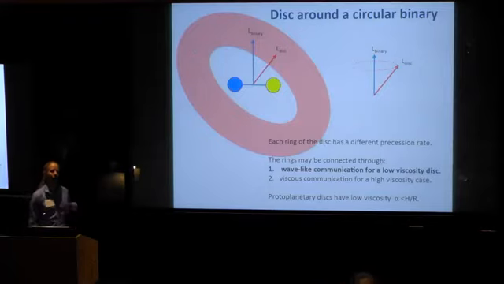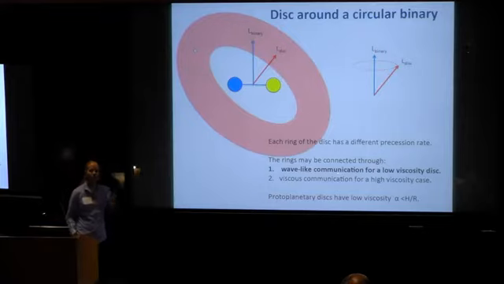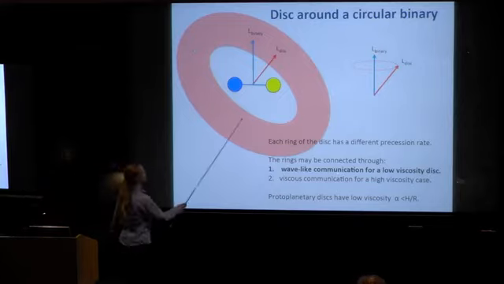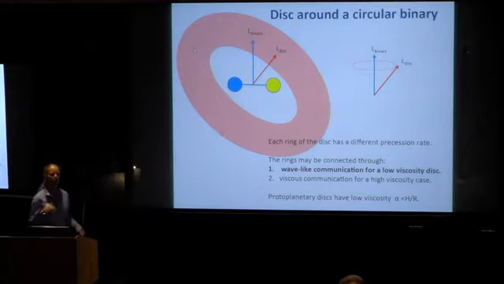Okay, so what happens if instead of just one test particle, we instead have a disk? We've already said that the precession rate depends upon the distance from the binary. So particles in the disk that are closer to the binary want to precess on a faster timescale than those further away.